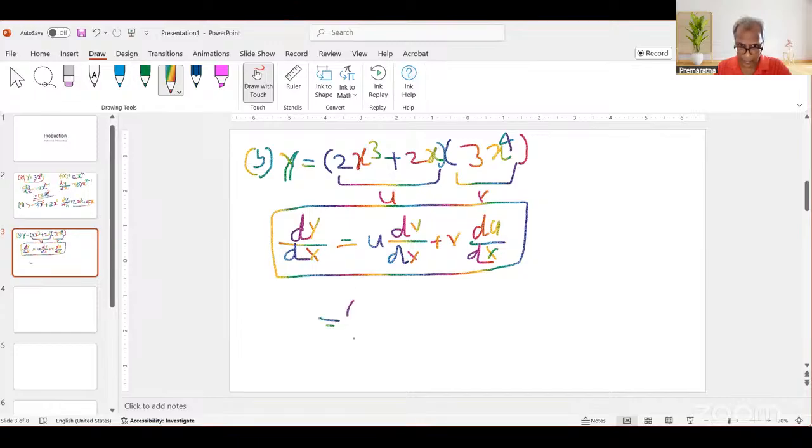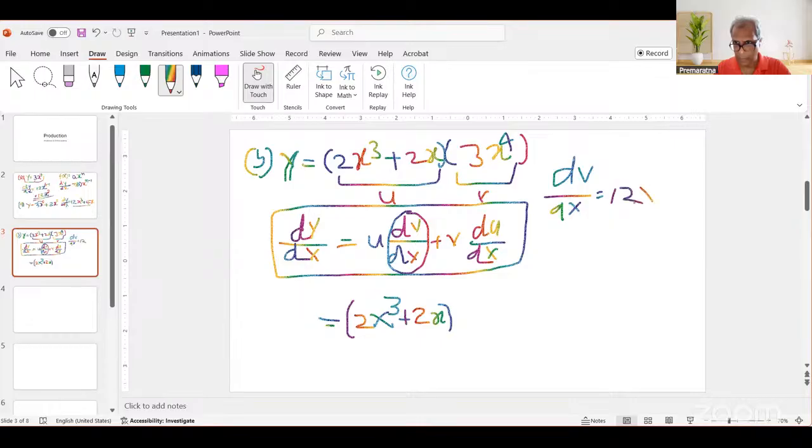Now you can see the answer. You write u as it is, 2x to the power 3 plus 2x, times the differentiation of v, which is 12x cubed. So you write here 12x cubed, plus now we write v here, which is 3x to the power 4, times du by dx.